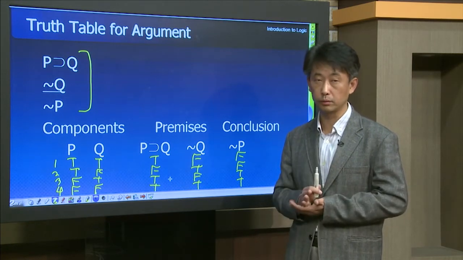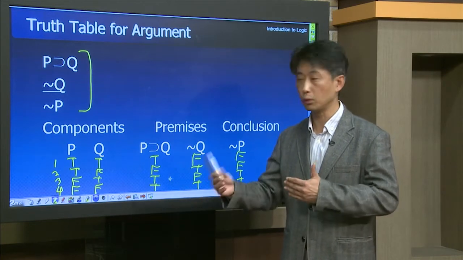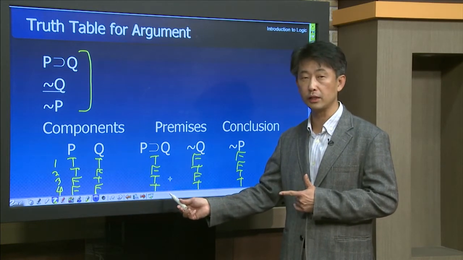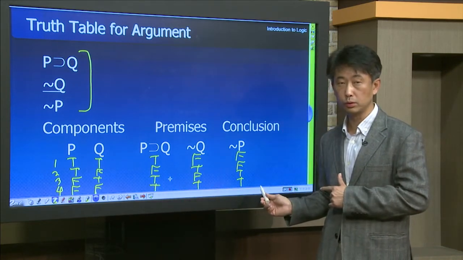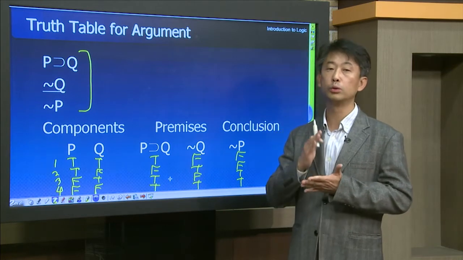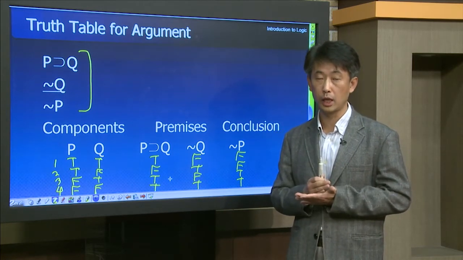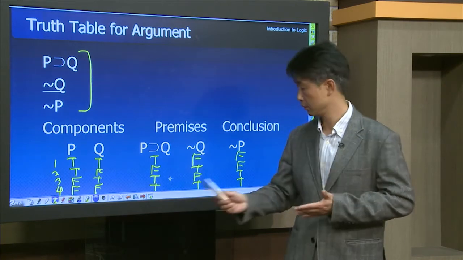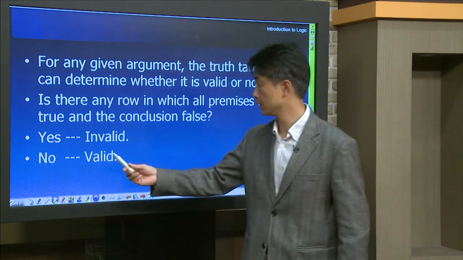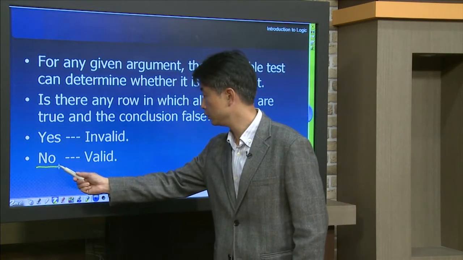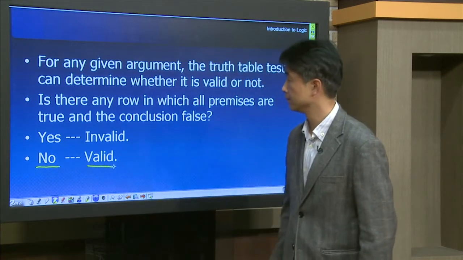The only one that comes close was the last one, but even in this case, all the premises are true, and the conclusion is true. So there is no row in which all the premises are true and the conclusion is false. Now, what should we say then? If there is no such row, then you conclude that the argument is valid. Okay?